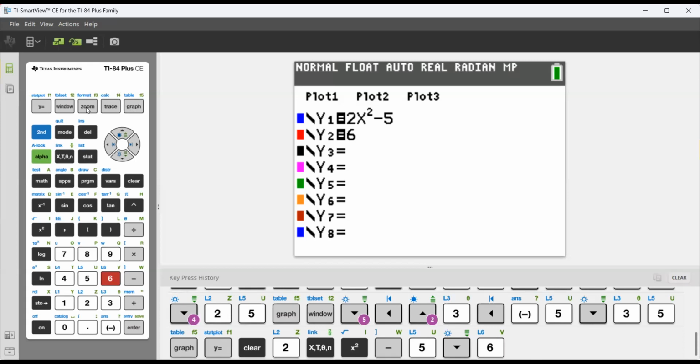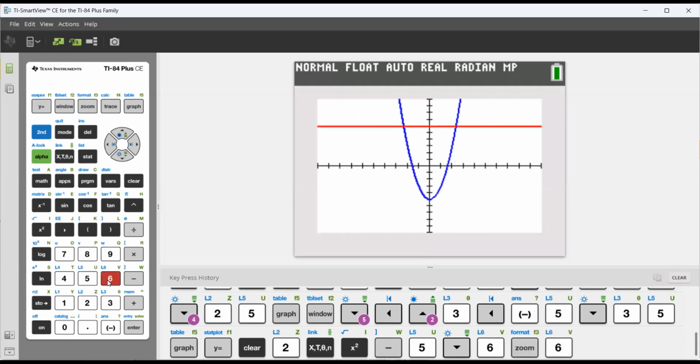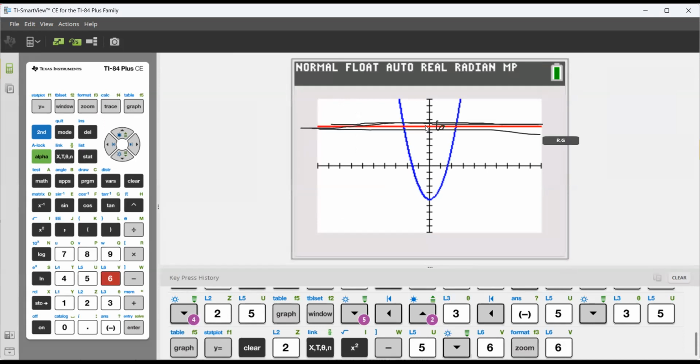And then let's check our window. Let's do a standard window for now, zoom 6. Wow, look at what I have. Remember that our y2 is y equals 6. And here, y is 6, right? So we know that is where the line is going to be, a horizontal line. Now it's not going to be the x-axis anymore, right?